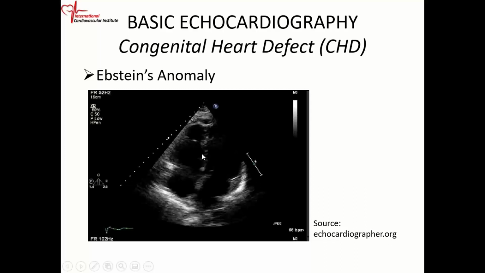Basically, what you have is the septal leaflet of the tricuspid valve going all the way down into the apex. And these patients have a tremendous amount of tricuspid regurgitation, and they can have some amount of ASD or PFO. Okay? All right.